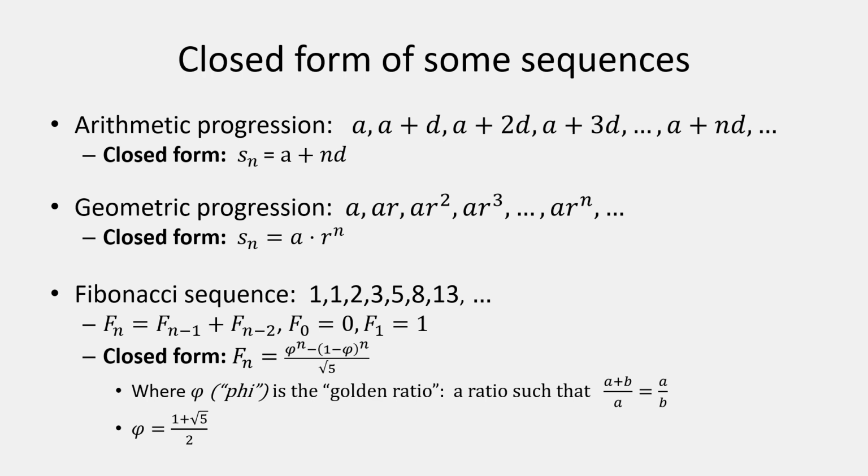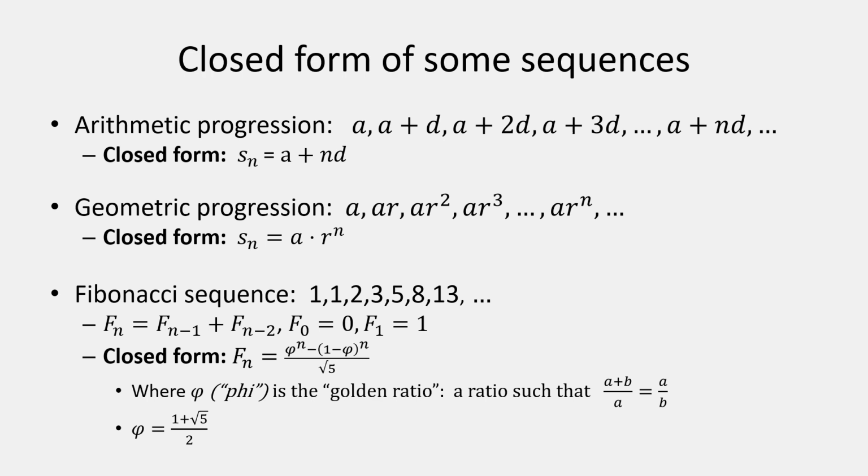Because the closed form is defined in terms of the golden ratio, which is a number that involves the square root of 5. But why would something like the square root of 5 come into Fibonacci numbers? What is the significance?